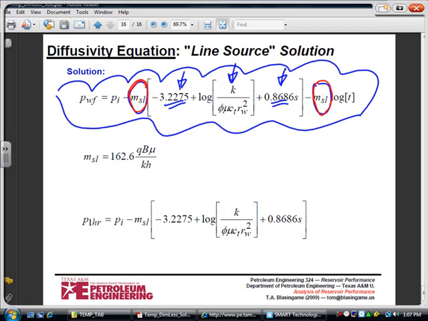Okay, now tell me what this equation looks like when you plot this on a plot.